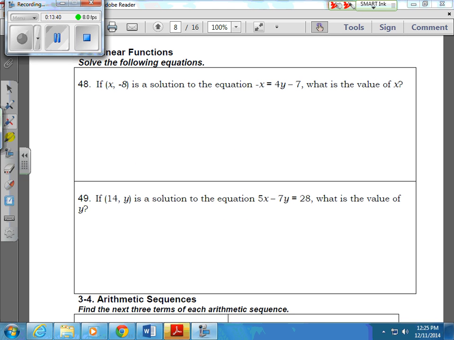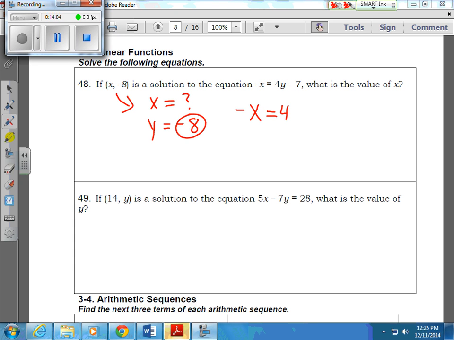Number 48, if y = -8 is the solution to the equation -x equals 4y minus 7. What this means is we need to find the value of x. We know the value of y is -8. So that's what we're going to plug in. We're going to substitute for y in the equation and hopefully solve for x.